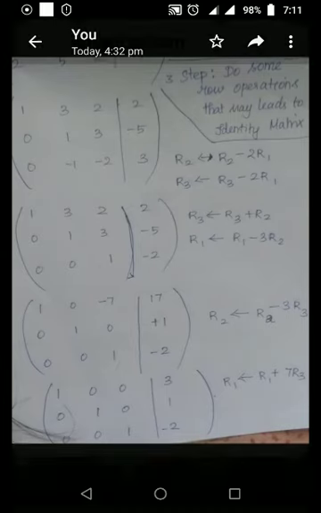As a result, we get the identity matrix. The diagonals are 1, 1, 1 and the upper and lower triangles are 0, 0, 0. As a result, we found the identity matrix.